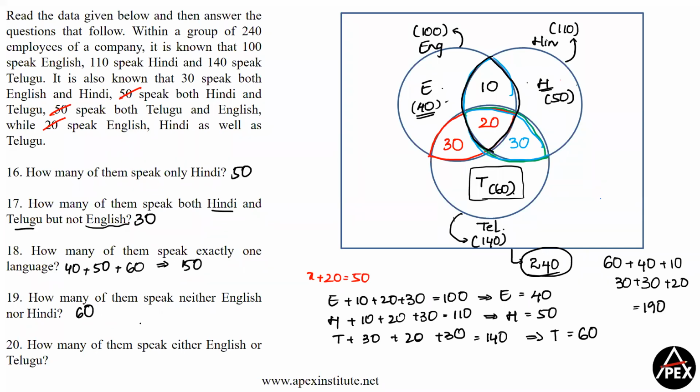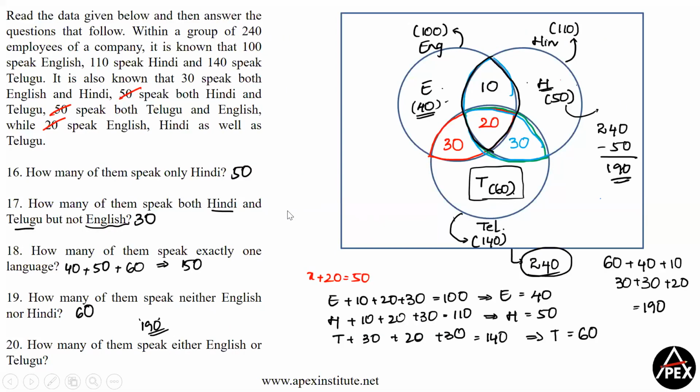So 190 speak either English or Telugu. Who are the remaining? Only Hindi. From this 240, you can also do this by subtracting 50 from 240, because these 50 are the employees who do not speak either Telugu or English. So the answer should be 190 for this question. So the answers are 50, 30, 150, 60 and 190.